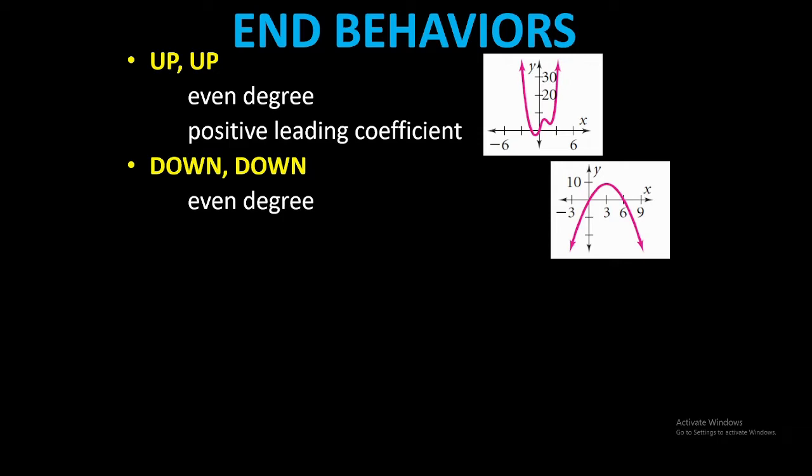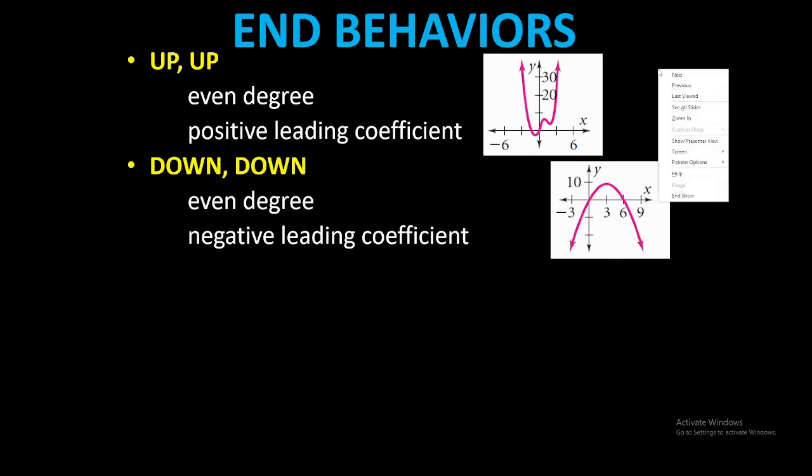Here's the thing: if both ends have the same direction, going up, up or going down, down, expect that the degree is always even. Now, if it's both up, up, then the leading coefficient is positive. If it's both down, down, then the leading coefficient is negative.